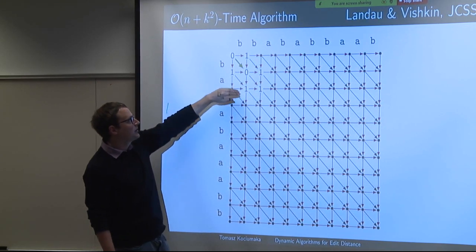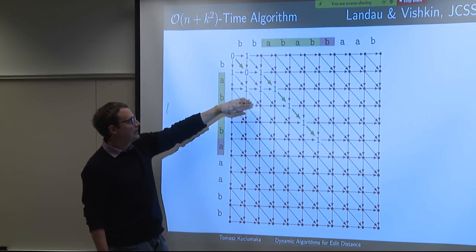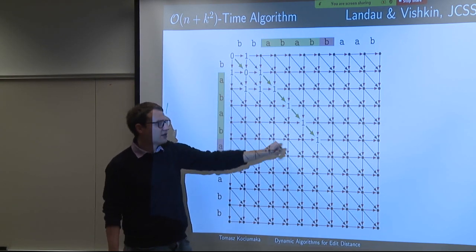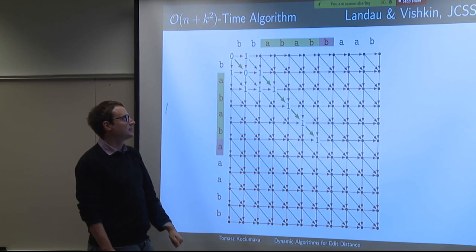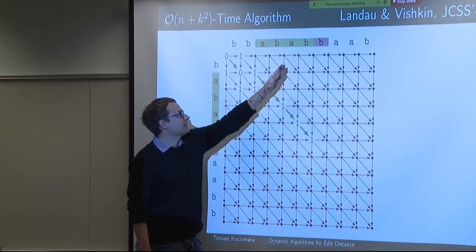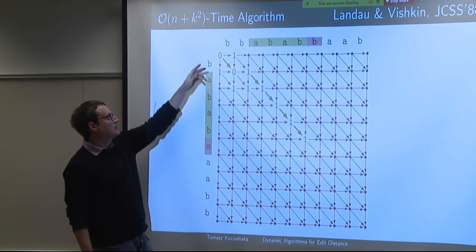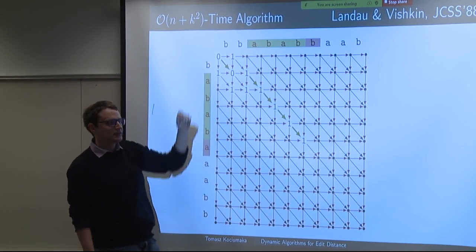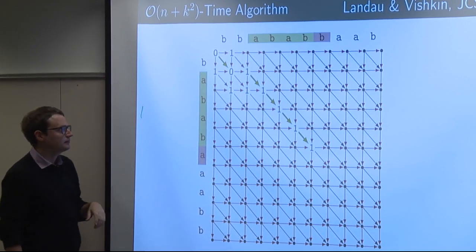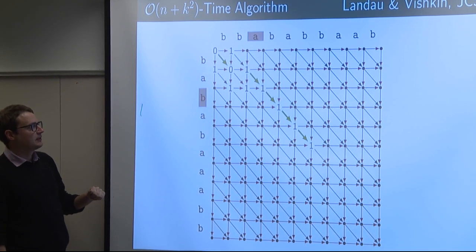And in this case, there will be only 3 diagonals where we already have vertices of distance 1. And for each diagonal, we ask how far we can go without encountering any mismatch. So again, we're asking how many characters match until we have a mismatch. But now we don't start at the very beginning of both strings, but at some other positions in the two strings. In this case, 4 characters match. The 5th one does not. And we can proceed this way for other diagonals.